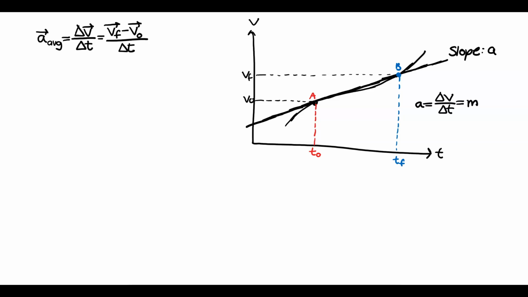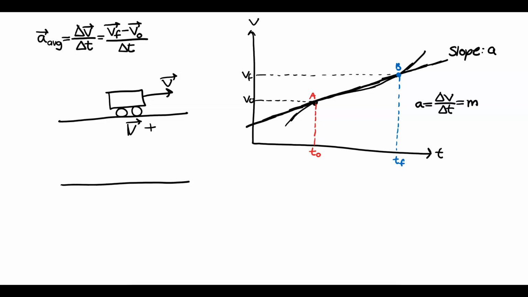Now, acceleration can be positive or negative, just like velocity. So velocity, as you might recall, we define as positive if it's moving to the right. So velocity is in the positive direction.